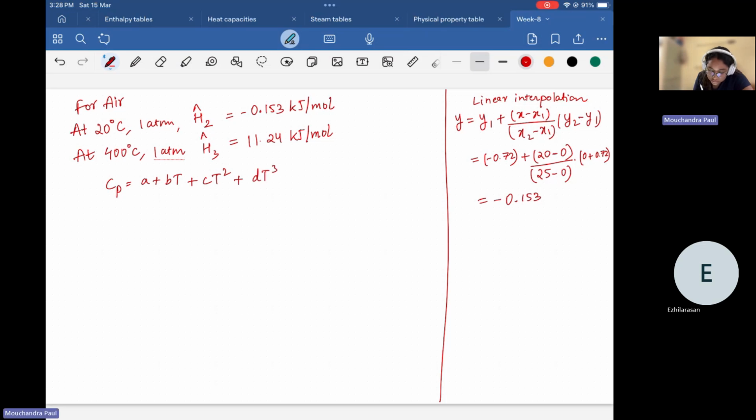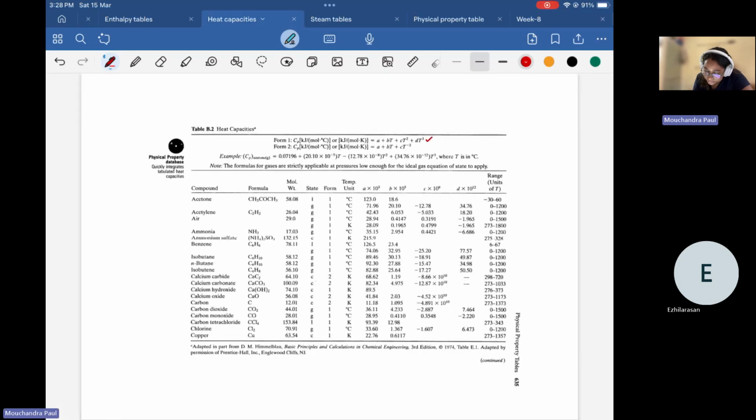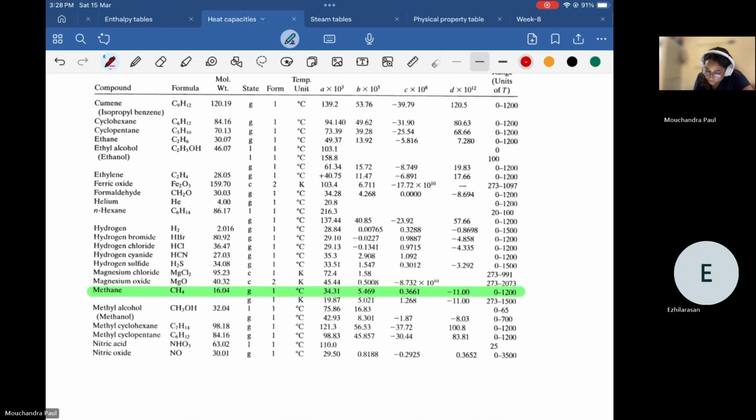And we know the values of A, B, C, and D from the table. There we go.